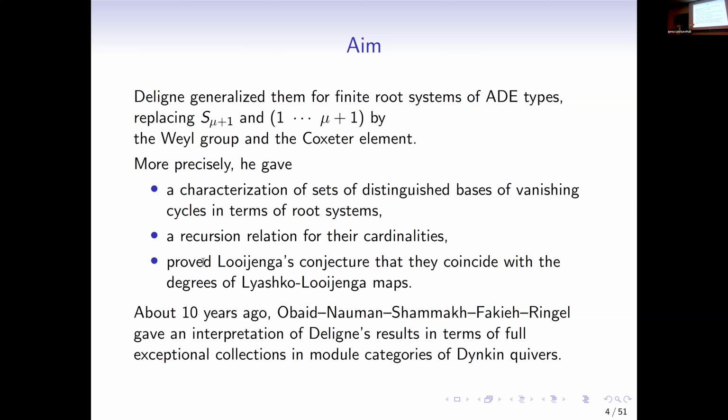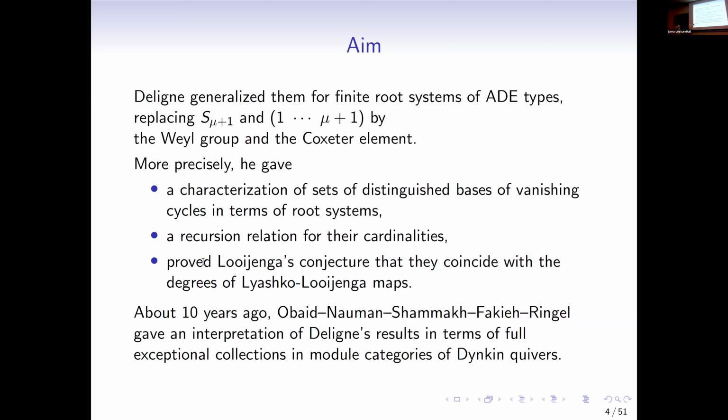Bessis considered this in a more general context. In other words, he generalized this counting formula and the recursion formula for finite root systems of ADE type, replacing this symmetric group by the Weyl group and the cyclic permutation by the Coxeter element.